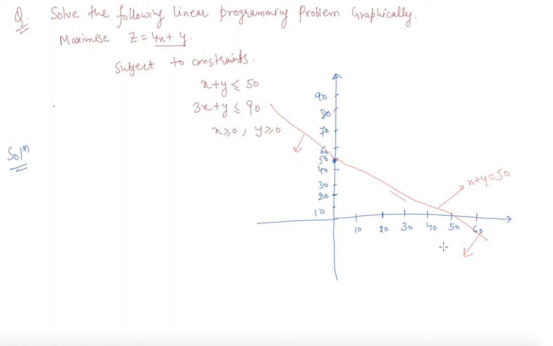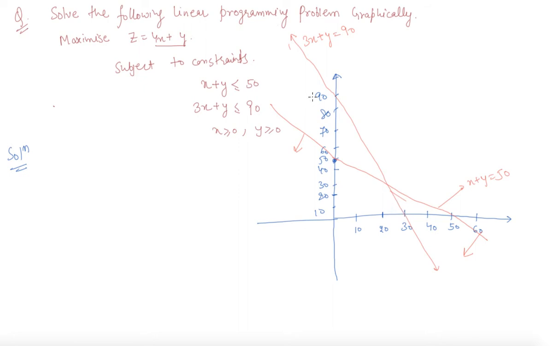The second equation is 3x plus y less than or equal to 90. I hope you can draw these straight lines on the graph by checking from which points the line will pass. If you put y equals 0, you will get x equal to 30, so this line will pass through 30.